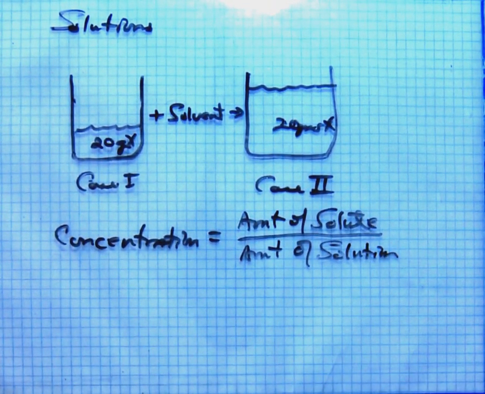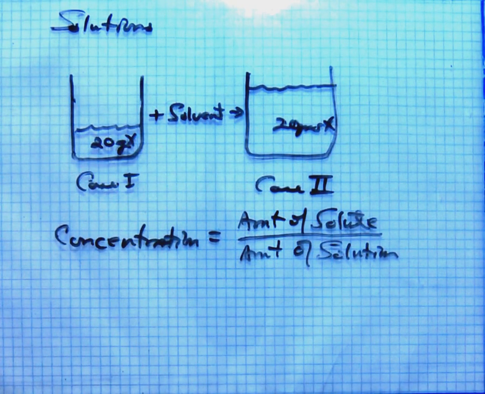It's not in an amount of solvent, it's in an amount of solution consisting of two parts, solute and solvent. There are many ways to represent this: grams per milliliter, pounds per gallon, grams per liter, and many others.